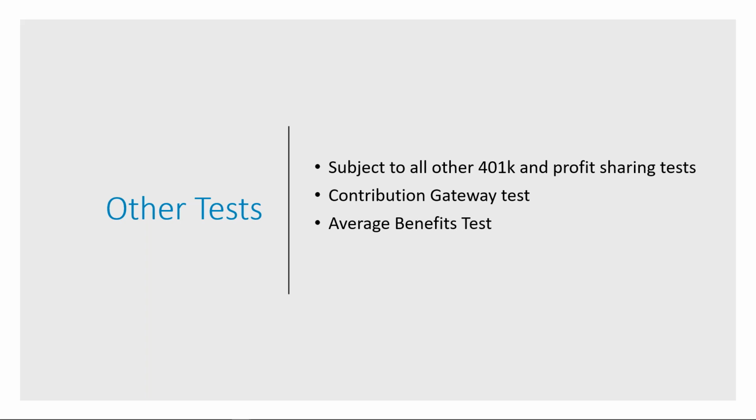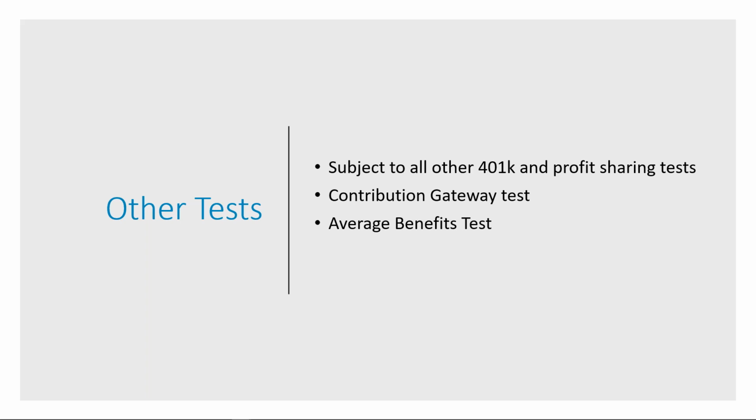Now, while we're here on this slide, I want to mention, we'll talk about it again in a minute, but most people, when they set up a safe harbor 401k, select the matching component, meaning, okay, if employee A defers some money into the 401k, we'll match it 100% on the first 3%, and then 50% on the next 2%, up to 5% of salary, which essentially gives you a 4% match.